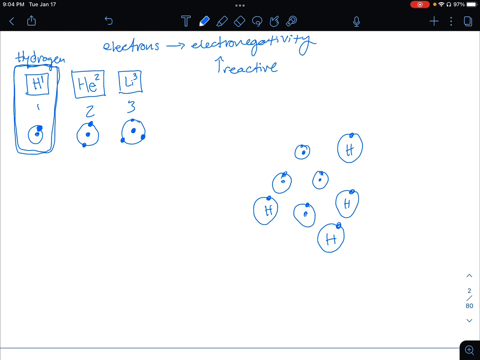So each of these hydrogen atoms, even though they look small, has some mass, and we know they do because they have those subatomic particles: proton, neutron, and electron. So each of these hydrogen atoms is pulling, because we have more hydrogen atoms, more hydrogen atoms, more hydrogen atoms.